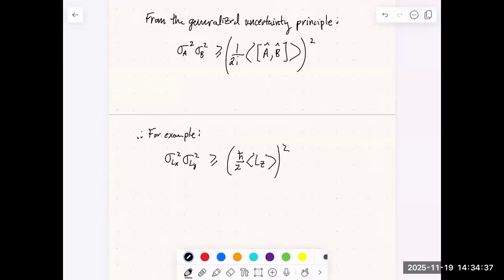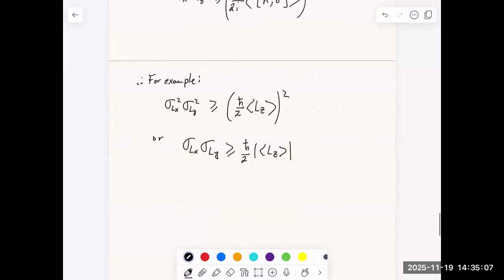Or sigma Lx, sigma Ly is, sorry, not equal to, it's greater than or equal to ħ over 2 times the absolute value of the expectation value of Lz. I put the absolute value here just because uncertainties are always positive. So you could in principle get a negative expectation value for the z component of the angular momentum.